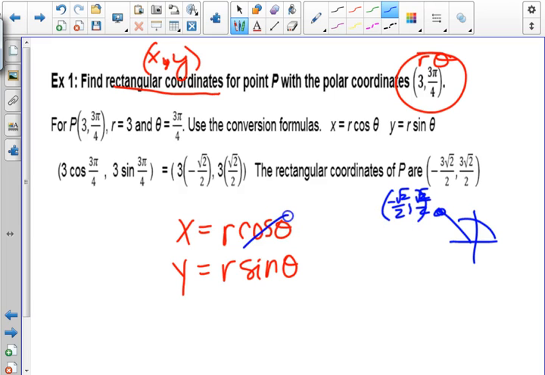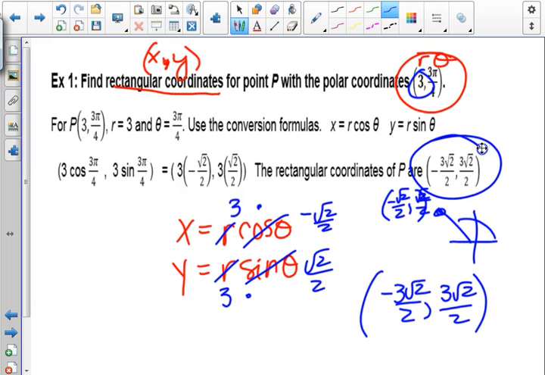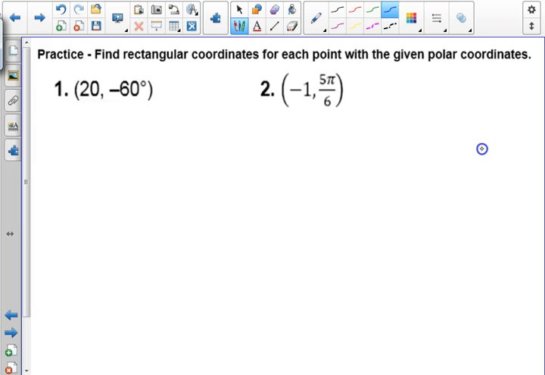So if I put those values in here, what was r again? r was 3. 3 times negative square root of 2 over 2 would just be negative 3 square root of 2 over 2. And 3 times positive square root of 2 over 2 is 3 square root of 2 over 2. That seem okay? Nothing tricky there.